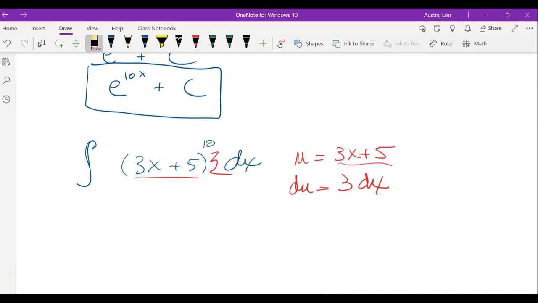That is a funky looking 3. Now do I have my du? But I just changed the value. What can I add to that to ensure I don't change the value of the integral? What can you multiply 3 by so it becomes 1? You can multiply by 1/3.